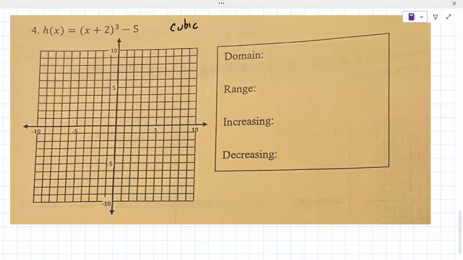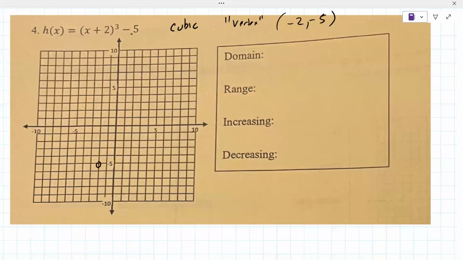It is something on the graph that you'll learn maybe if you take calculus someday. But can you give me that point, like the equivalent of the vertex? Is it -2, -5? Okay, good.